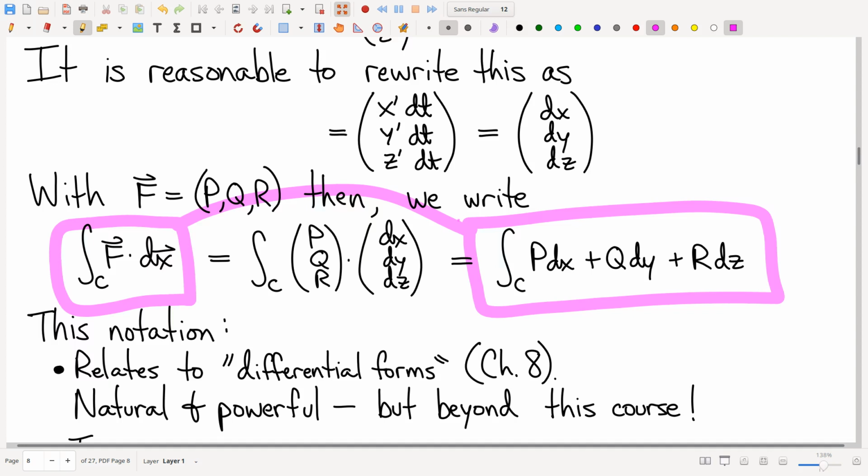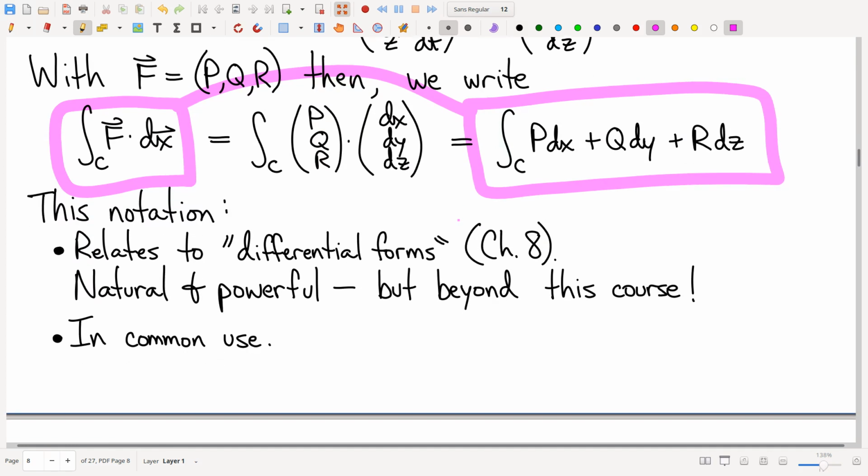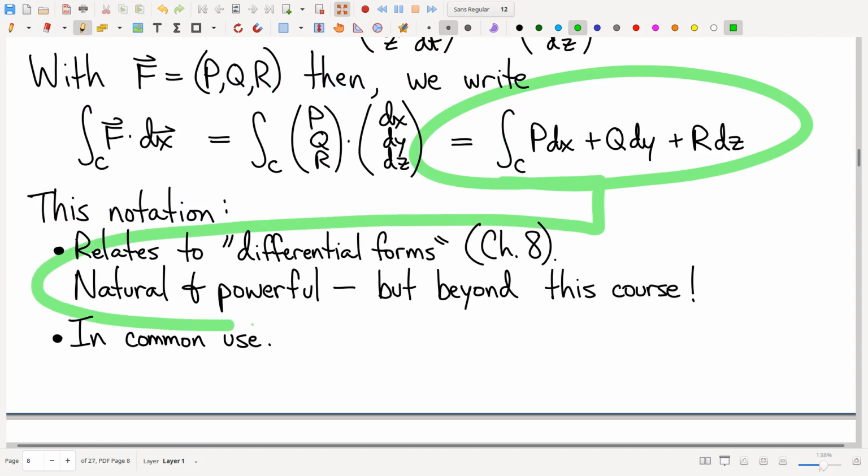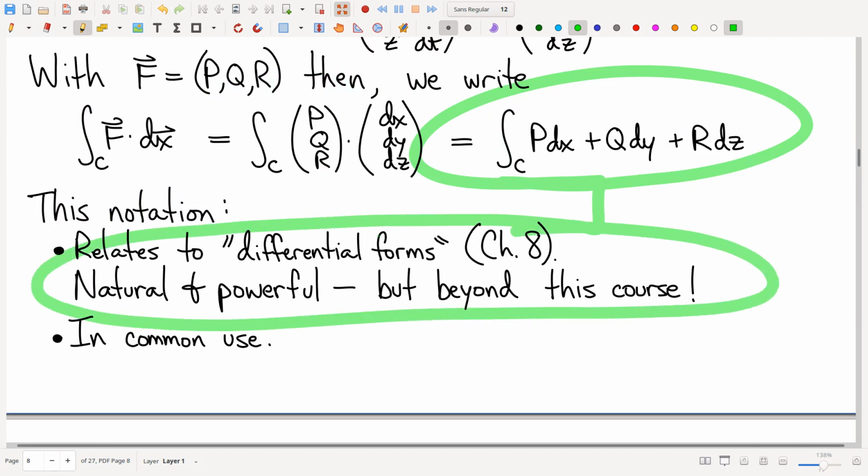So why in the world am I wasting your time with it then? And there's two good reasons. One is this notation here is basically what differential forms look like. And I'm not going to be able to tell y'all in this course what differential forms are, but they're a really powerful idea, extremely powerful idea. They allow for doing some stuff in multivariable calculus that you just can't do without it.